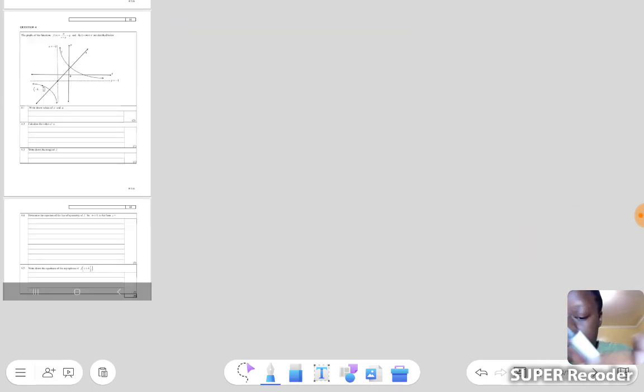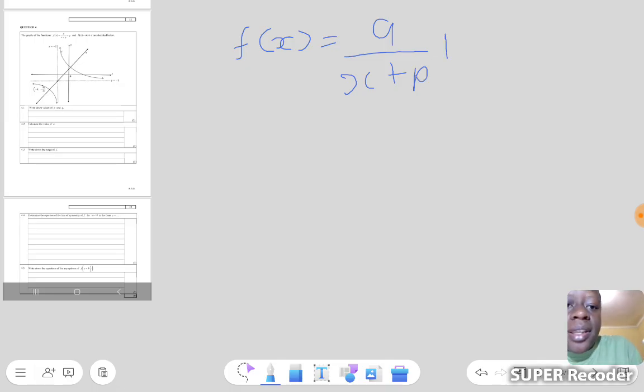Question 3. It's a hyperbola. And remember that whenever we are dealing with a hyperbola like this, there has to be an asymptote. Our formula being y is equal to a over x plus p, then plus q, like this.